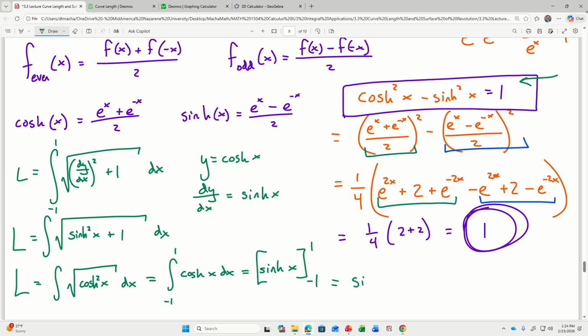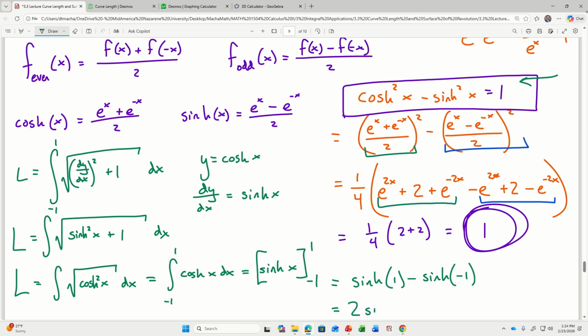So depending on how advanced your calculator is, you could do this. It's also that sine hyperbolic is an odd function, right? It's the odd part of e to the x. And so plugging in the -1 is the same thing as flipping the sign and making it positive.